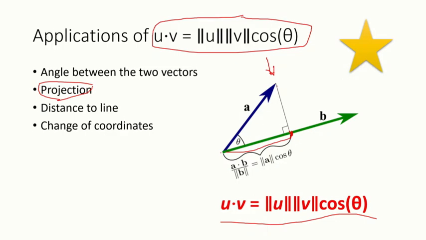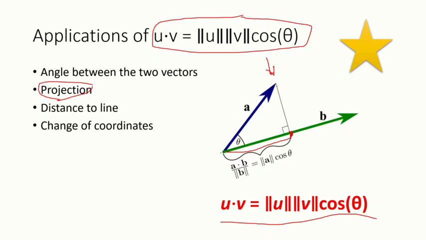But if you say, okay, I want to use B as my new x-axis, so you want to compute the projection of A onto B using B as your new x-axis. So what's the new definition or new coordinates of x and y for A onto B?